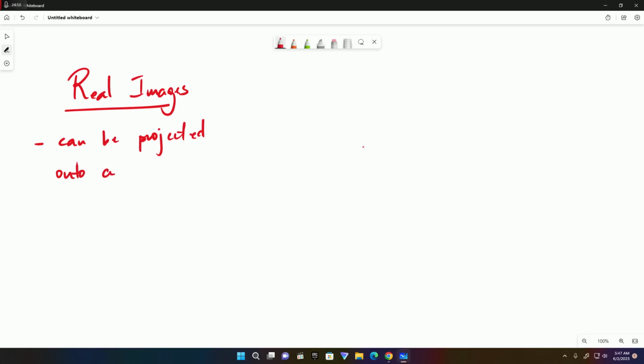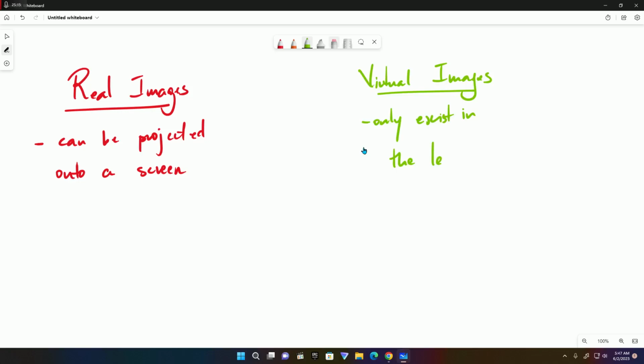On the other hand, virtual images only exist in the lens that creates them. I said the lens. I should say a lens. And this is the difference between the two.